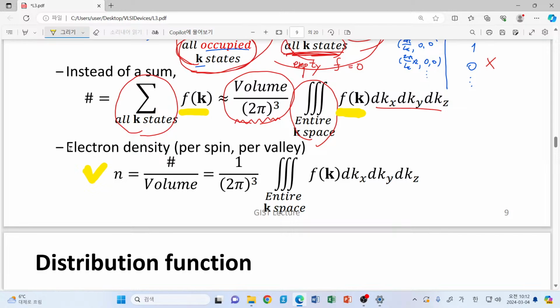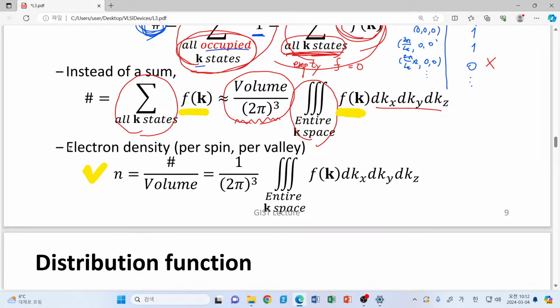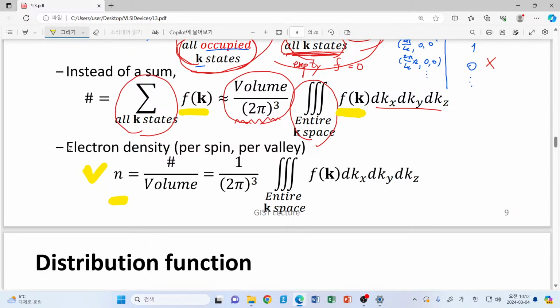Generally speaking, when you want to evaluate the electron density, the number of electrons in the conduction band should be evaluated from this calculation. It simply means that first of all, you prepare this f function everywhere in your K space and integrate it over the entire K space.